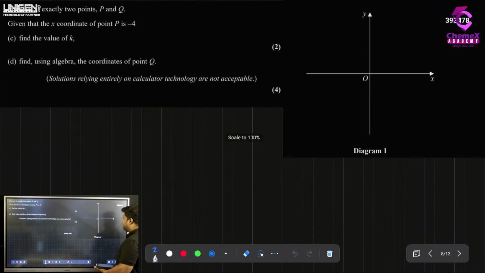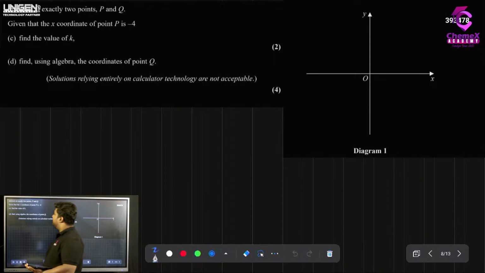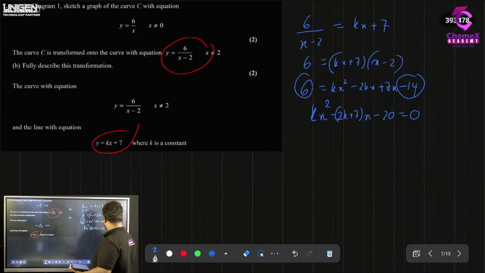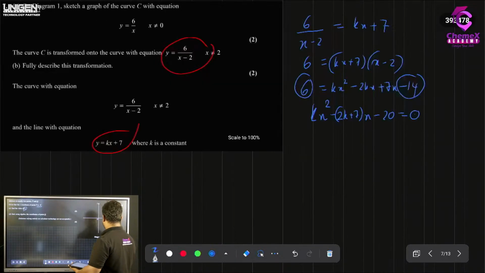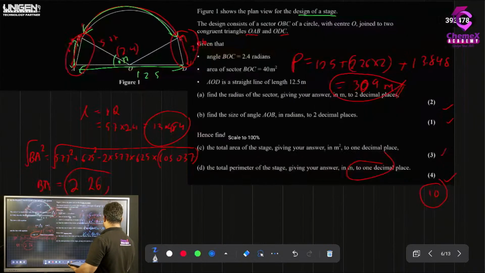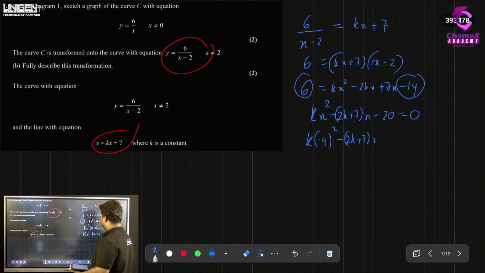Now, can you see in the question, they say given that the x coordinate of P is minus 4, find K. Easy. If x is given, you can straight away type what? Minus 4, right? So k bracket minus 4 squared minus 2k plus 7 times minus 4.